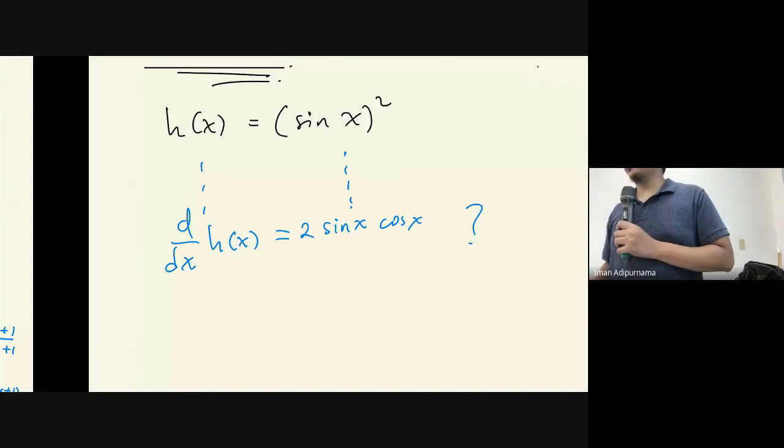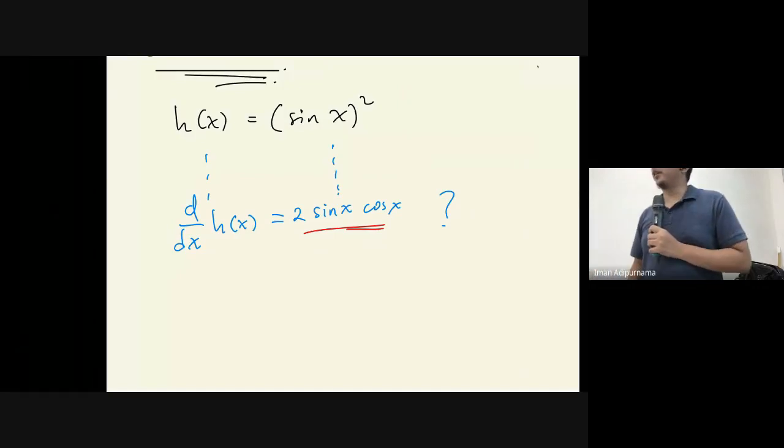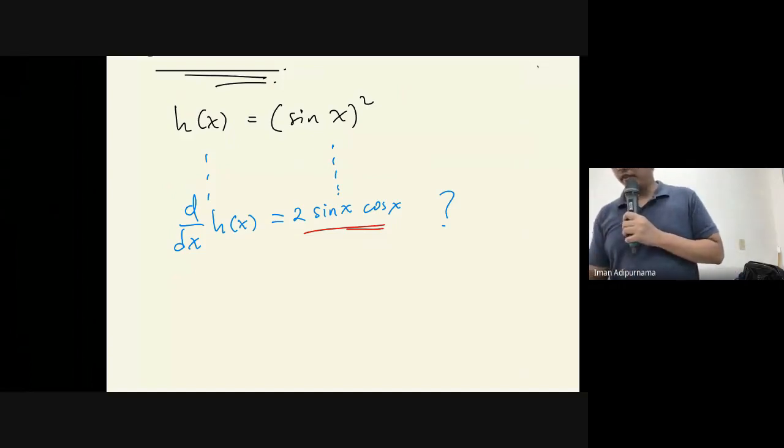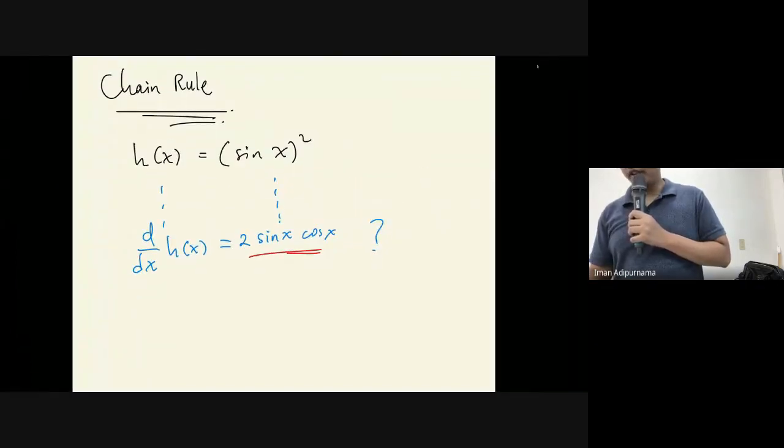Yes, this is the correct answer. So the idea of the chain rule is you have more than one function combining into a big function. For example, you can see this as two functions: a squared, and sine x.